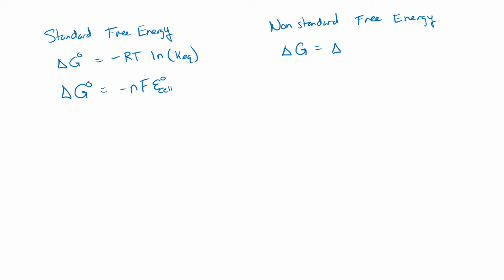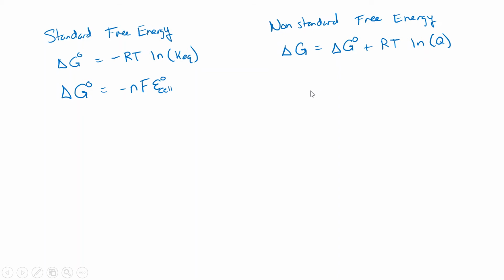So we take the standard number and then we add in RT times the natural log of Q. And so this tells us, if we start changing concentrations, Q versus KEQ, right? If we're not at equilibrium, we're going to have different concentrations. So we account for that by having natural log of Q instead of KEQ. We can change the temperature, we can change the pressure, the gas constant is in there, and that allows us to do all this stuff. So non-standard free energy we can figure out from here.